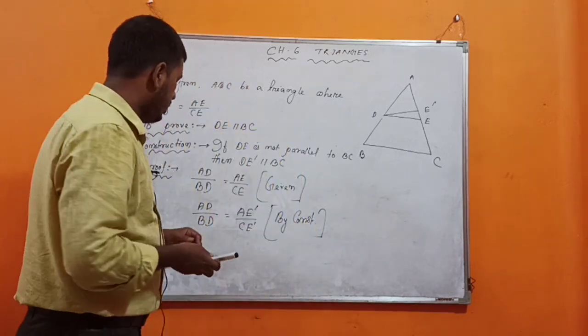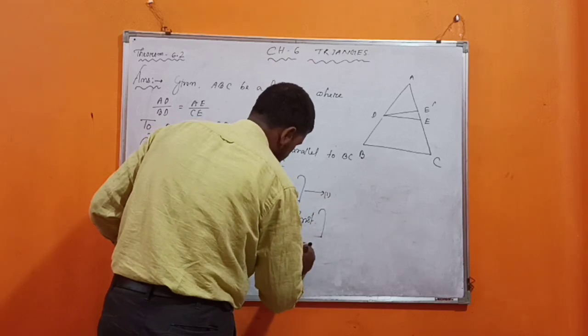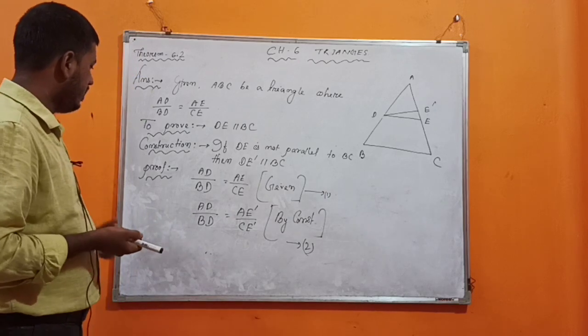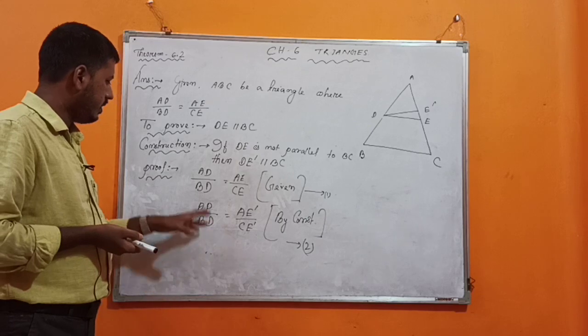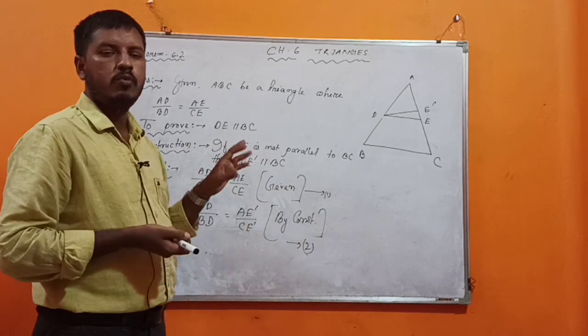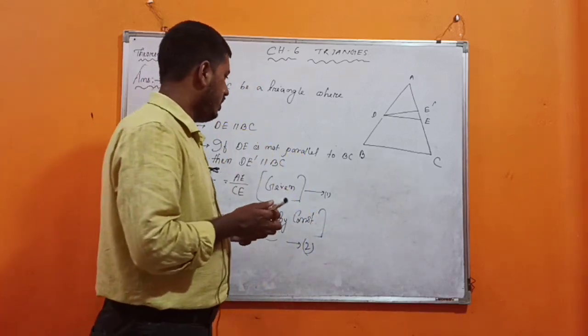Okay, so look at this, I am marking this as 1 and this as 2. Okay, and if we consider 1 and 2, then we can see that the left hand side part of both the equations are same, that is AD by BD here, AD by BD here. So we can write from 1 and 2, the right hand side part of these two equations are also equal.